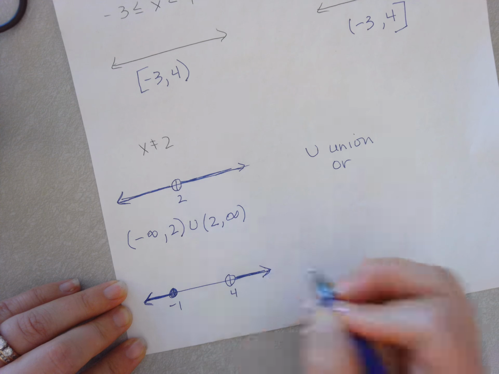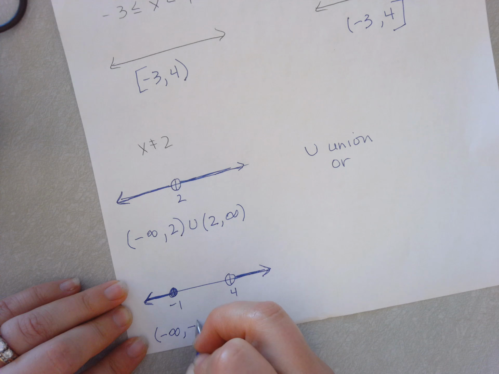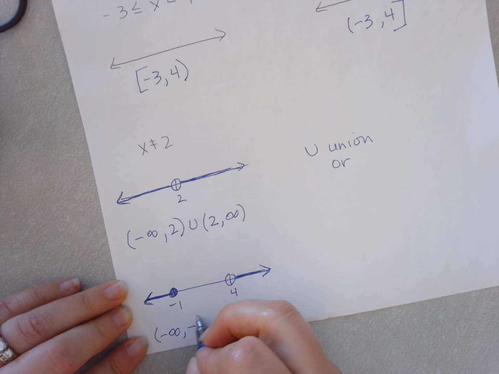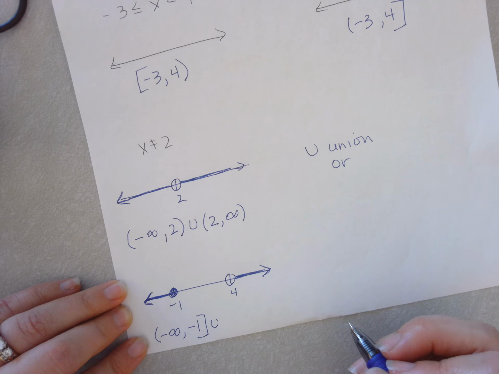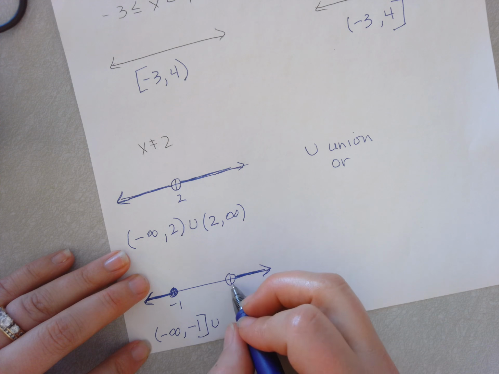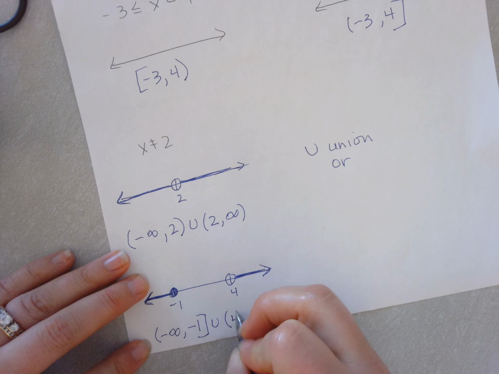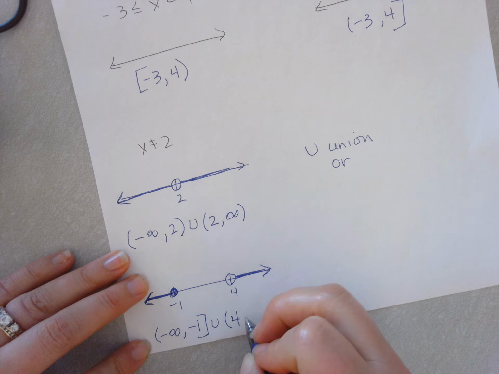I write this part separately. So I'm off in -infinity land. I go up to -1 for this first part, and -1 is included. I have a break, so I toss in my U, and then I pick back up here at 4, which is not included, and I go off to +infinity.